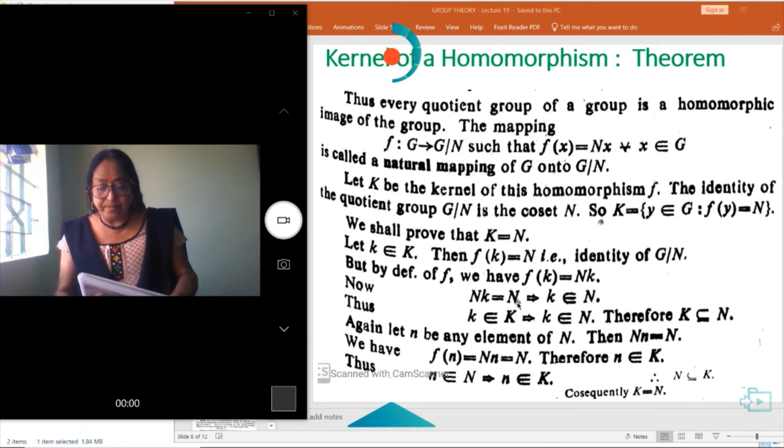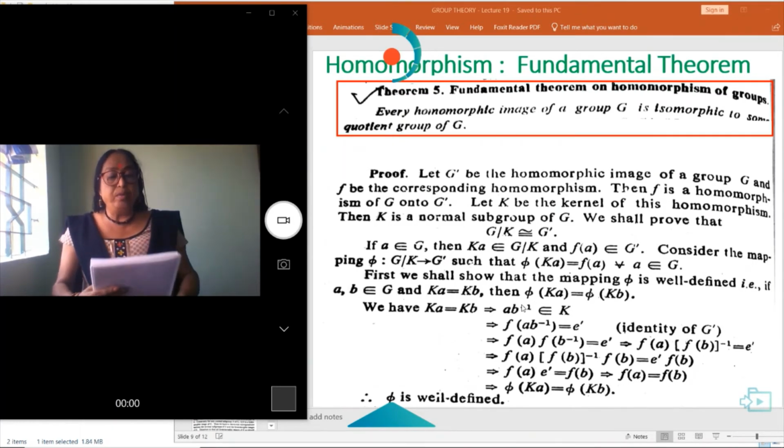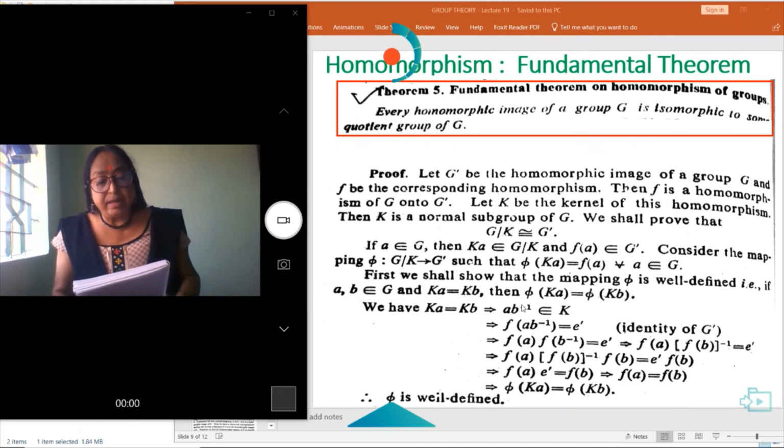Next, now the fundamental theorem on homomorphism. Every homomorphic image of a group G is isomorphic to some quotient group. Let G' be the isomorphic image of a group G and f the homomorphism.